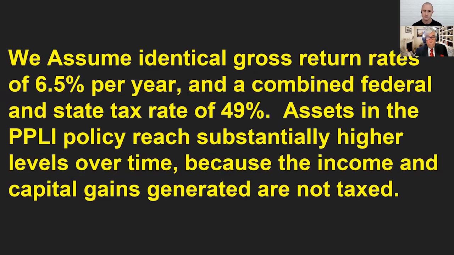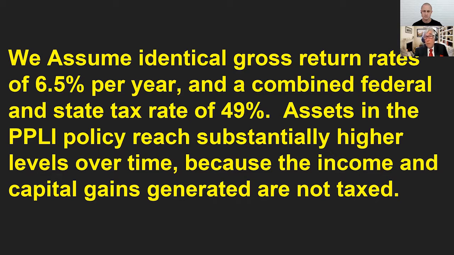So let's talk for a minute about what tax deferral is. We're going to look at a chart here, but first a little background on the chart. We're going to assume a gross rate of return of 6.5% a year, and a combined state and federal income tax of 49%.